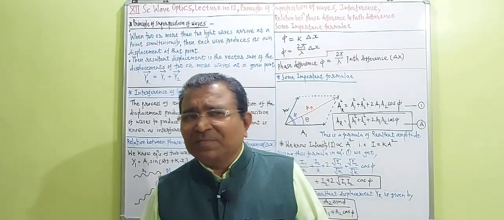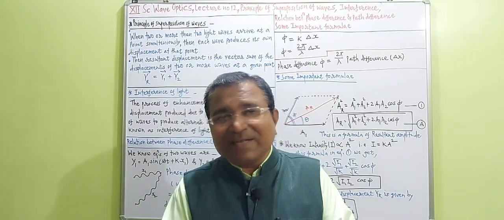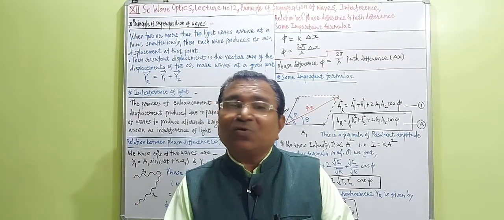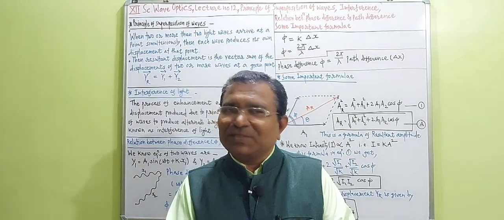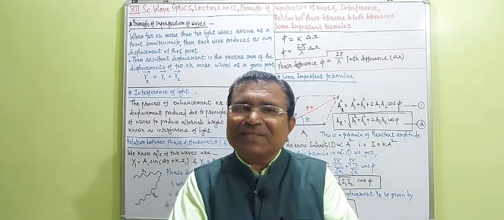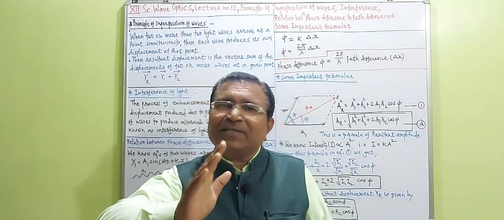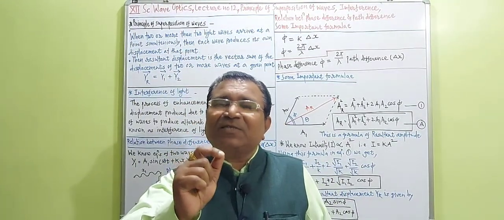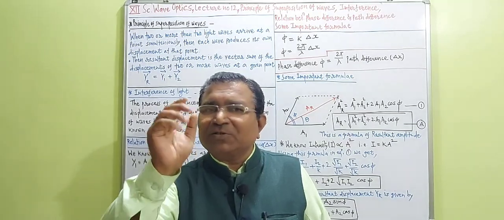Before starting interference of light directly, we should know the principle of superposition of waves. So what is the principle of superposition of waves? Because interference of light is based on the principle of superposition of waves.